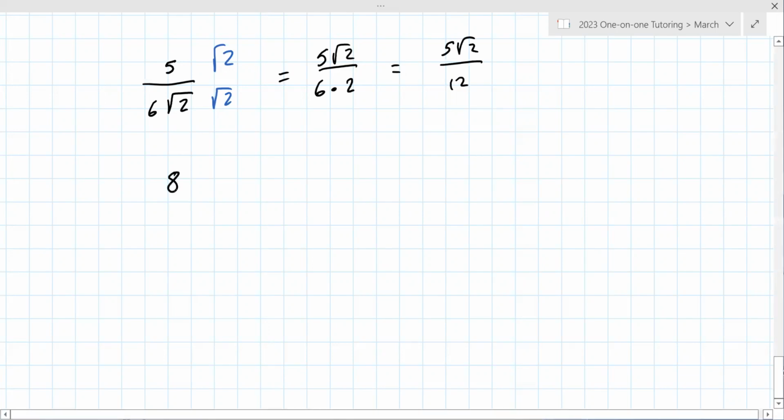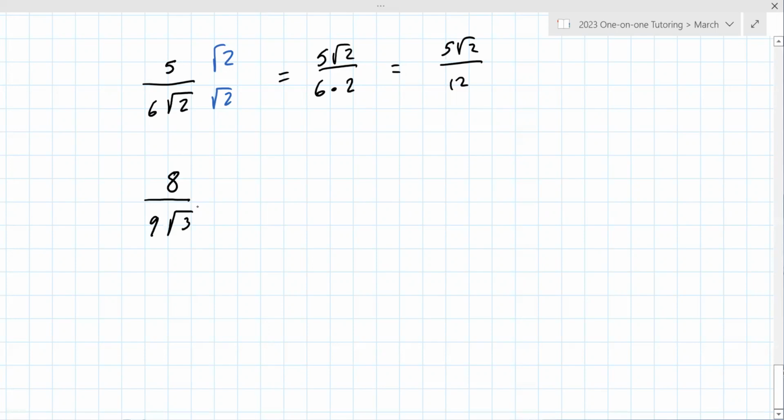Let's try another one here. Let's go 8 over 9 square root of 3. Why don't you try this one for us, please?